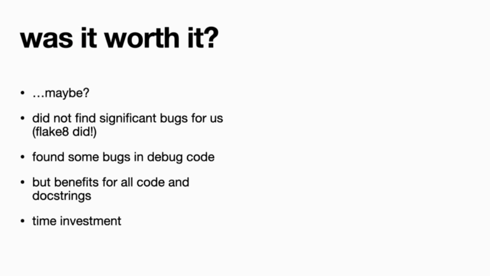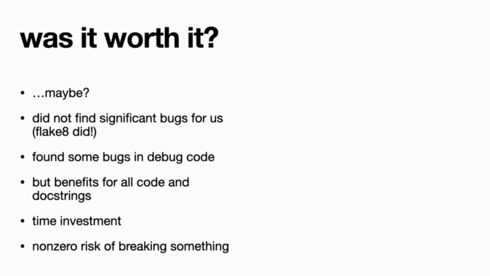So like I said, there's an investment here. It takes time. It took me a week to get through, and I didn't annotate everything. I just annotated some modules. You can do one at a time, which is neat. MyPy naturally type checks everything you have put types on and doesn't type check the rest. So you can work incrementally, but every day that you spend writing types is a day that you're not doing anything else.